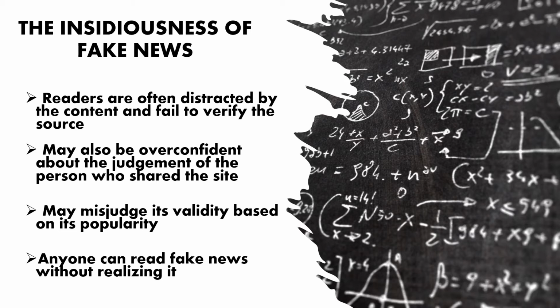Clickbait is a particularly potent form of fake news in this context. Further, readers may be overconfident about the apparent validity of the story because the story has been shared, liked, or positively commented on by so many people. This overconfidence, or uncritical assumption of validity based on popularity, is even more likely where the reader sees that trusted friends, coworkers, or family members also liked and shared the story.